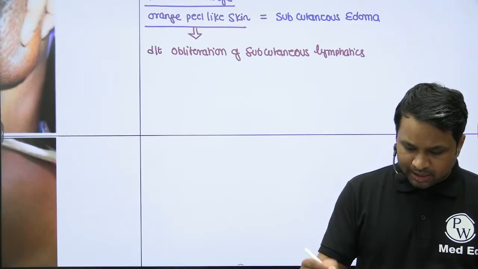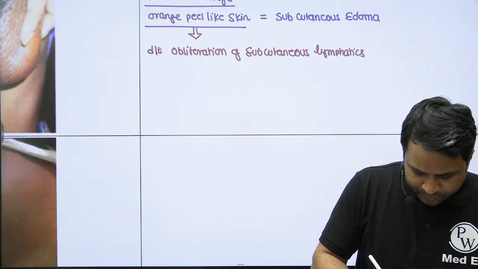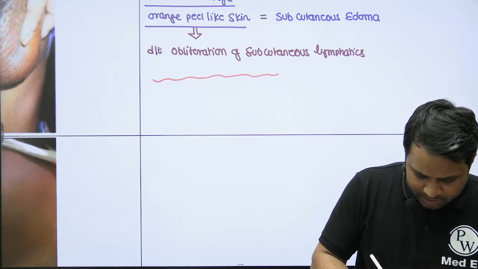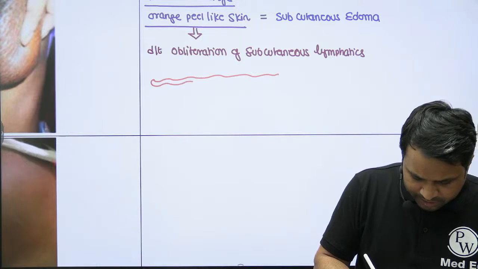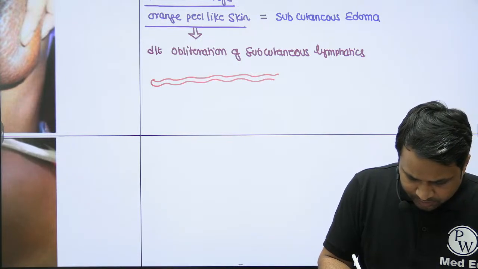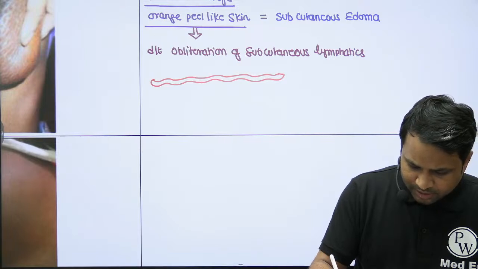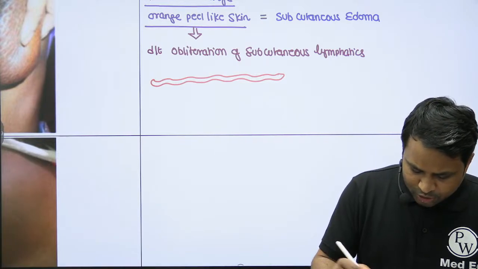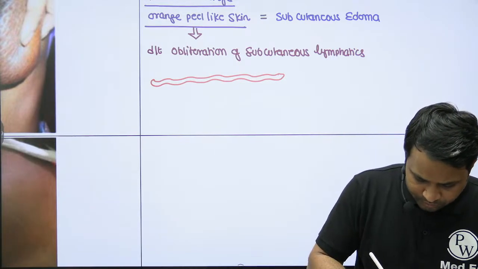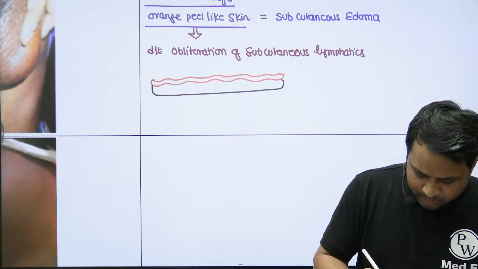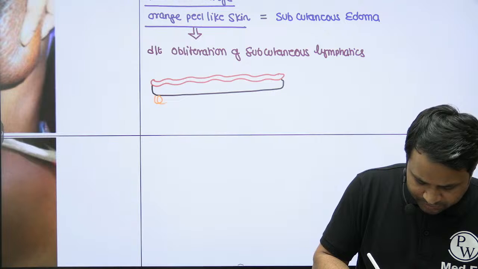Now to get a grip of it, let's say this is the epidermis of the skin. Below the epidermis you have the dermis of the skin, and below the dermis you have the subcutaneous fat.